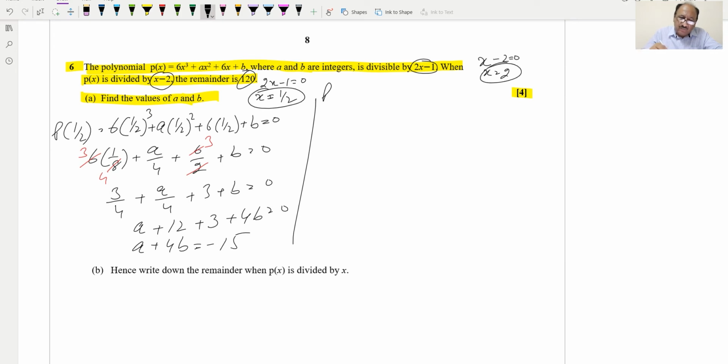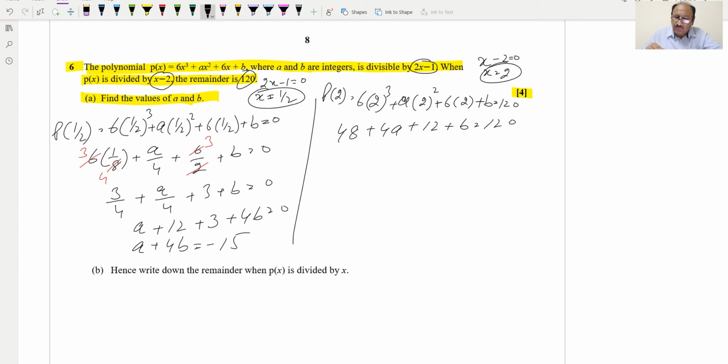We will write p of 2 will be equal to 6 into 2 cube plus a into 2 square plus 6 into 2 plus b is equal to 120, and this one we can simplify as 8 into 6 will be 48, 48 plus 4a plus 12 plus b is equal to 120.